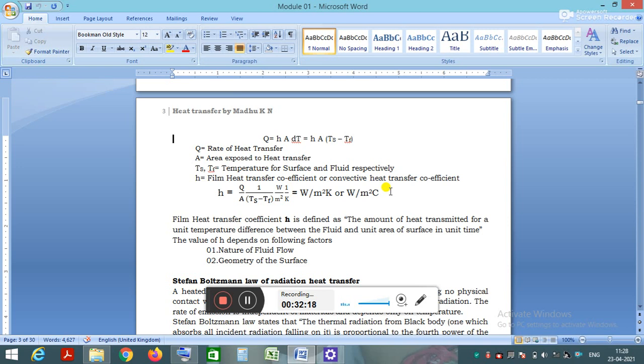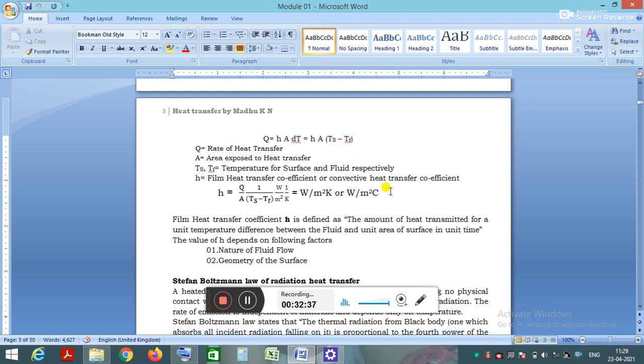Film heat transfer coefficient gives the amount of heat which is exchanged between the surface and the fluid having unit temperature difference, and the area which is exposed to the heat transfer is unity, in unit time.